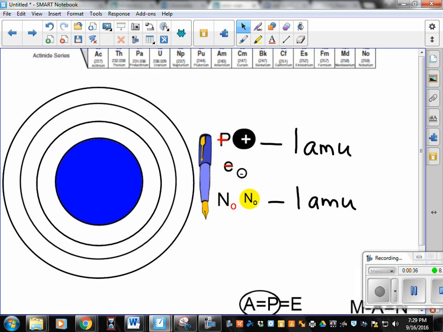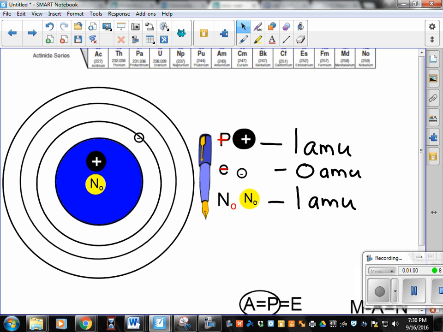Electrons I put with the lowercase e because they're so small we don't even include their mass in the atom. So we're going to say they're 0. Y'all have done great on location of particles, so you know that protons and neutrons are inside the nucleus. Electrons are outside in the electron cloud or the rings.